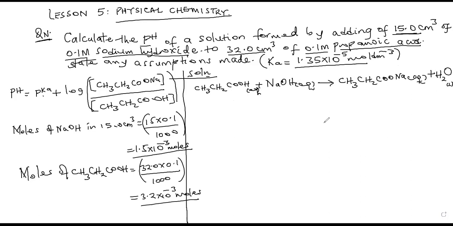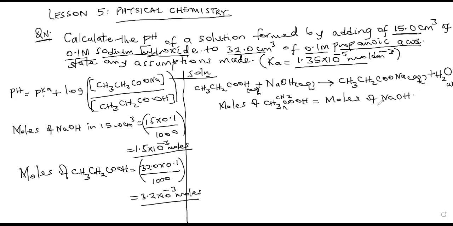All right. So now after forming this, you can really see that moles of sodium hydroxide and the propanoic acid are equal. So moles of propanoic acid, you have forgotten CH2, so moles of propanoic acid are equal to moles of sodium hydroxide.